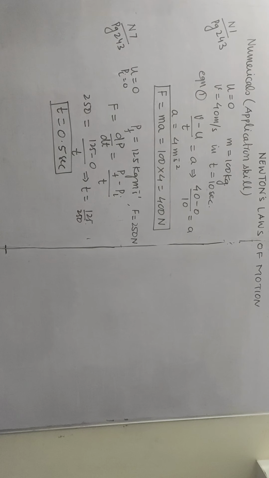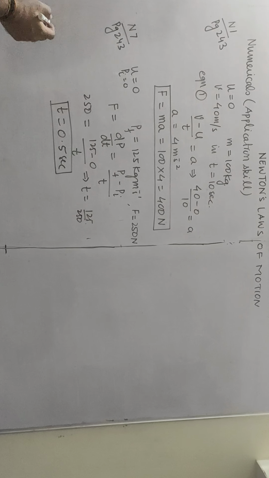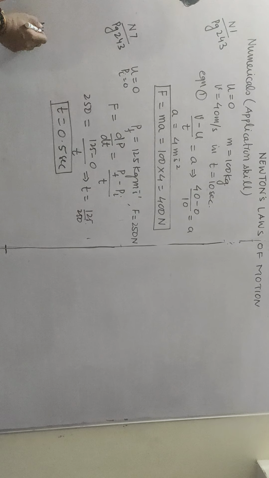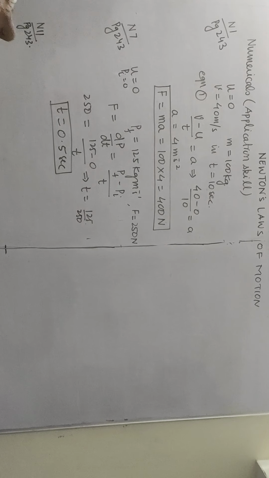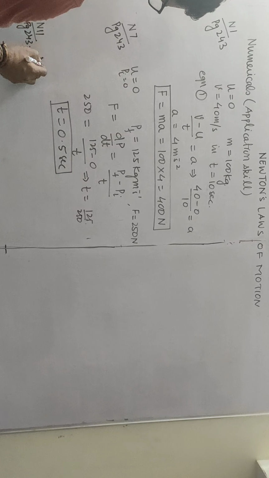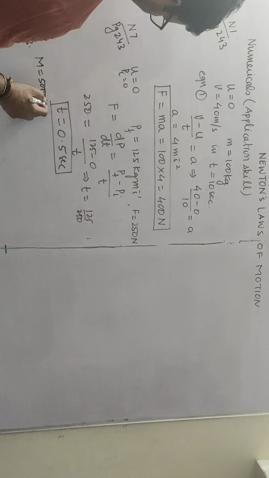Now, as lift questions are not in your course, but here a question is given, I am trying to explain this. Numerical number 11 on the same page, but numericals on the lift part is optional, which means that it is not in your course. The mass of lift is 5000 kg.